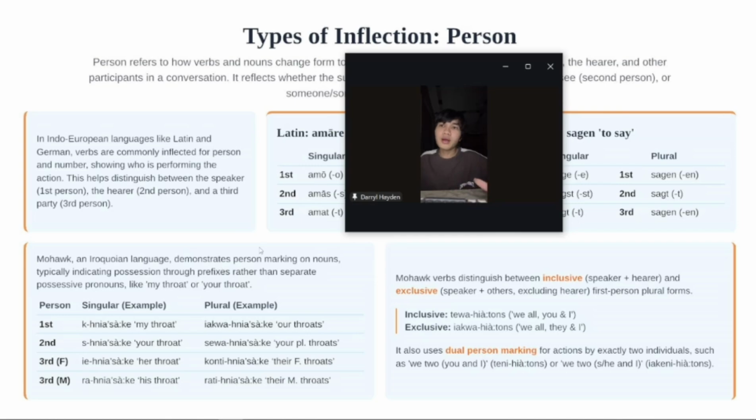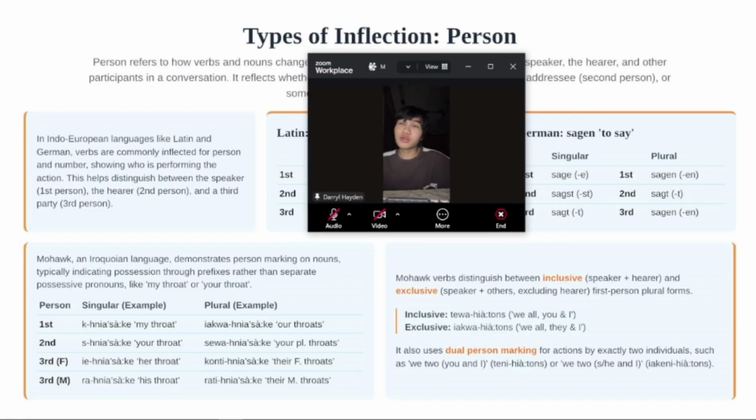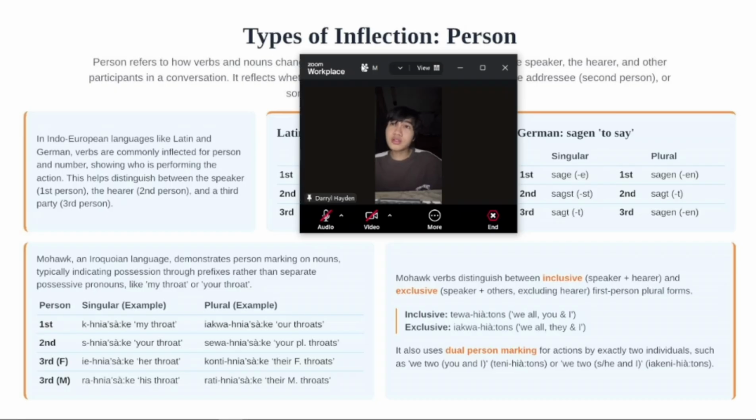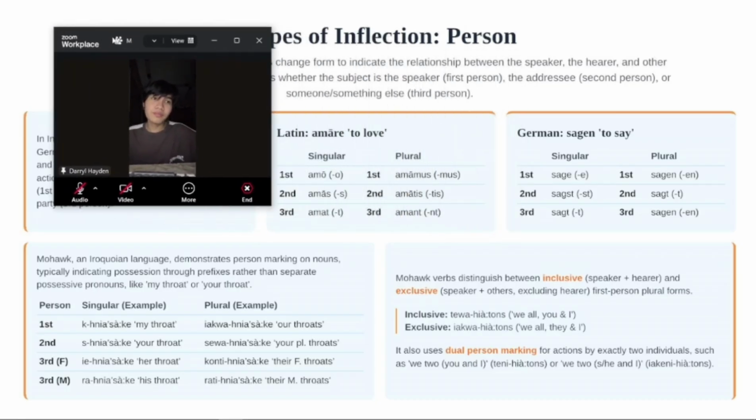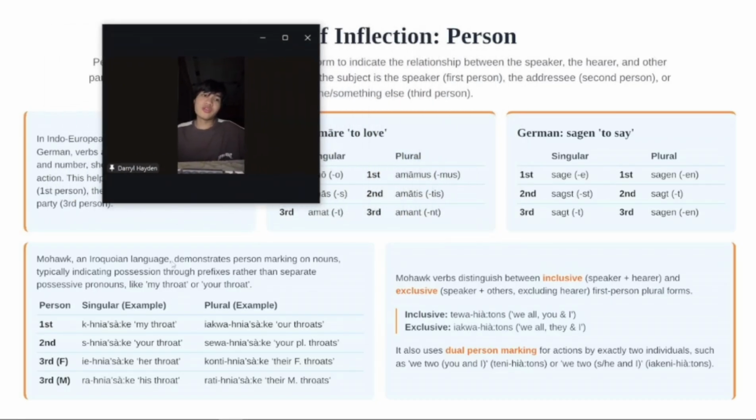So in Mohawk, I'm not really familiar with the language, but they take a different approach to decide whether this is the first person, the second person, or the third person. In English, we change the noun: my throat, your throat, her throat, his throat.